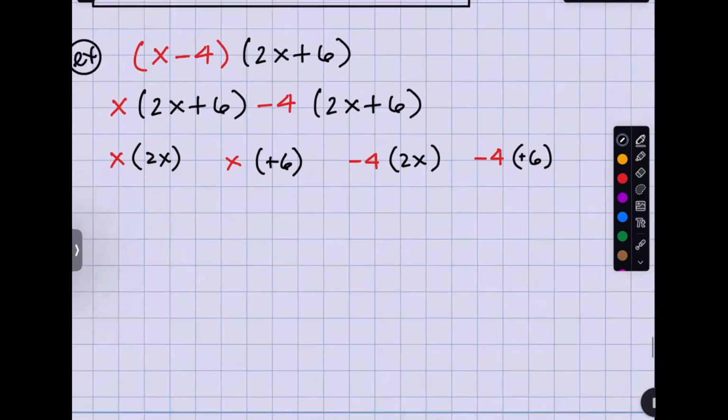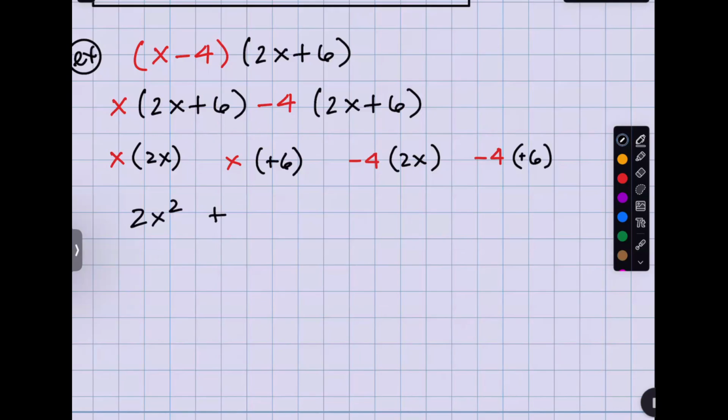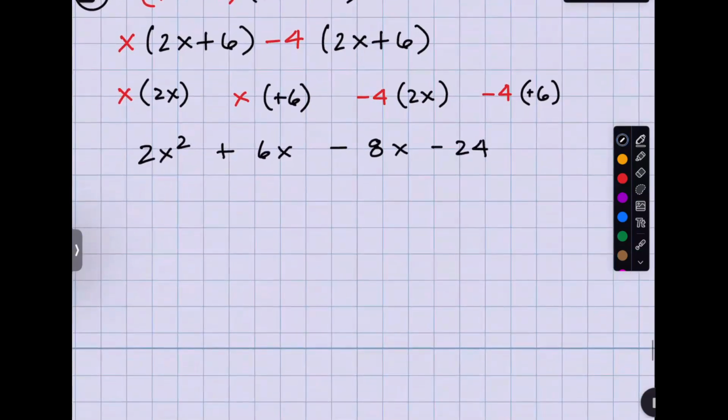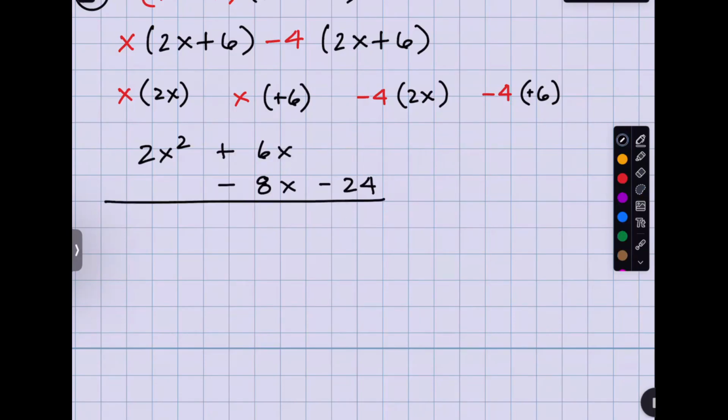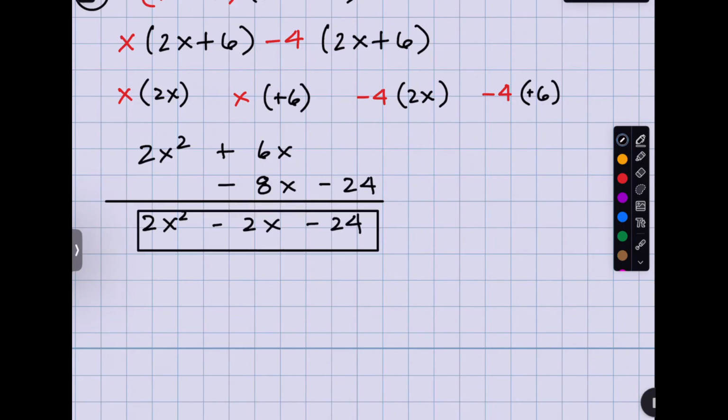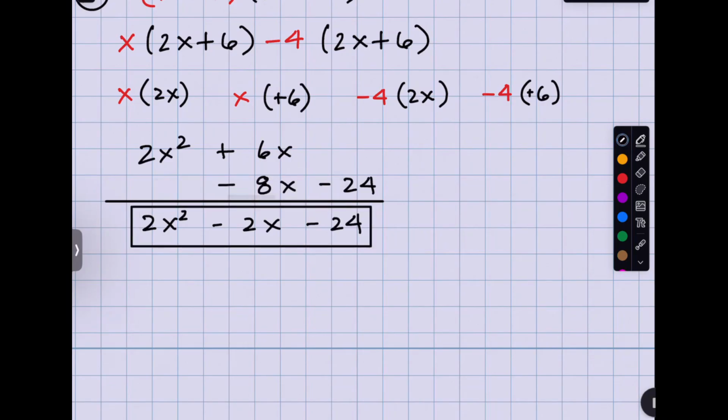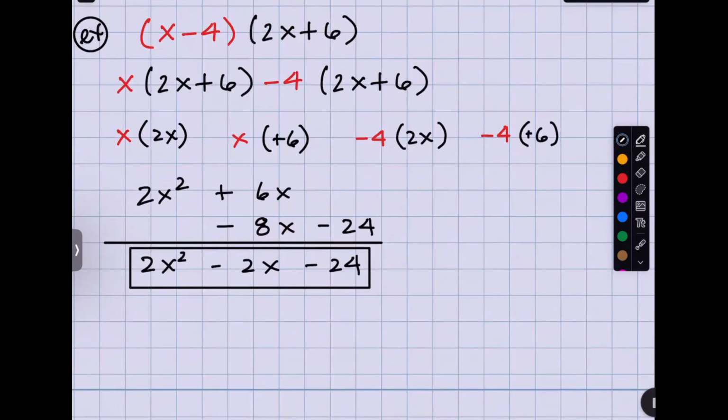And then I'll have this. Is that true? Then I'll have like terms. Any questions on how I got this?